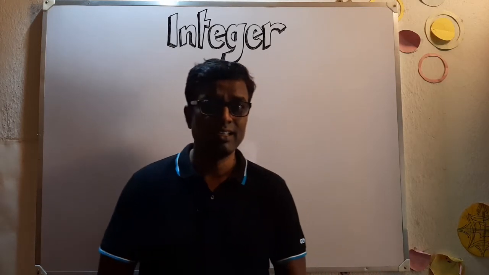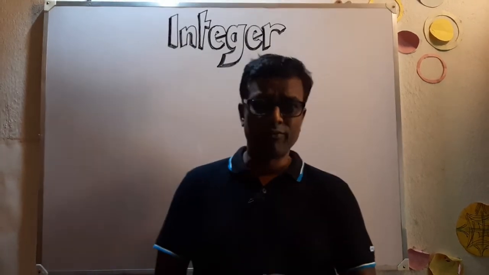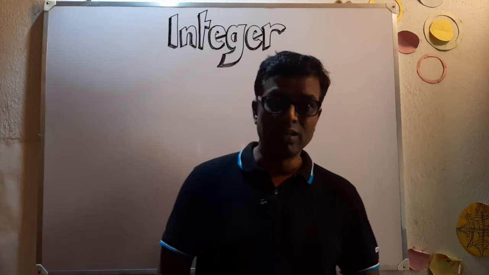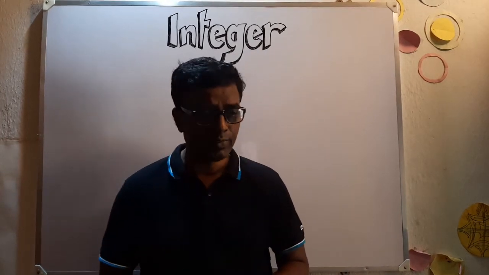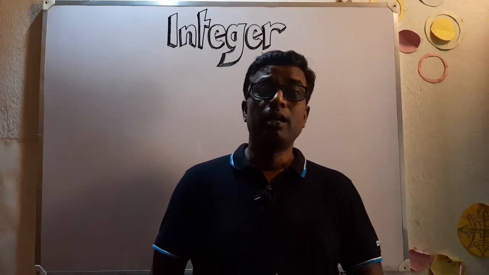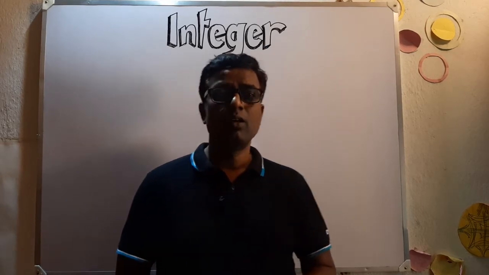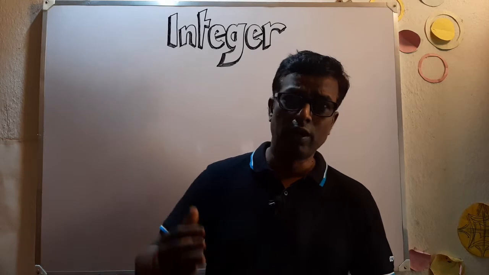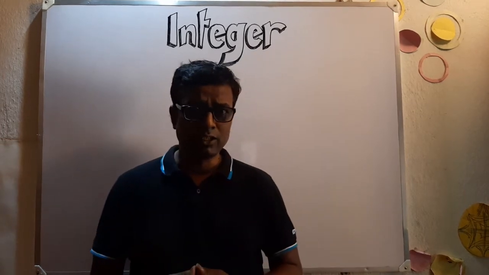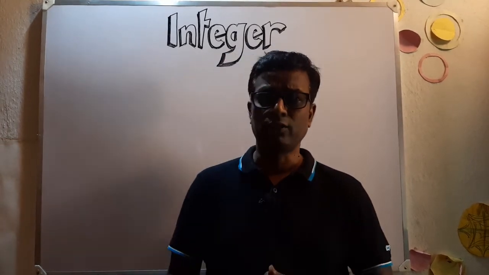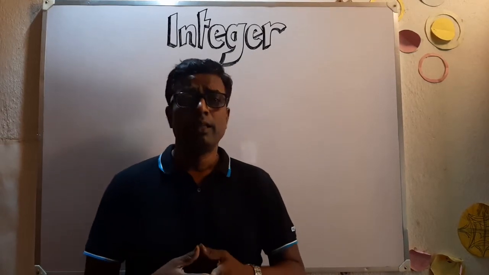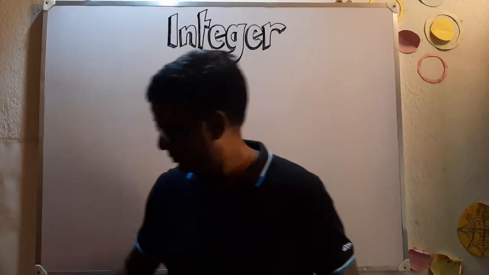But before that, let's have a recap of the knowledge of natural numbers, whole numbers, etc. Now, what do you understand by natural numbers? Natural numbers are the numbers 1, 2, 3, 4, which go on and on and on. The largest natural number we don't know, but the smallest natural number we definitely know. It starts with 1.